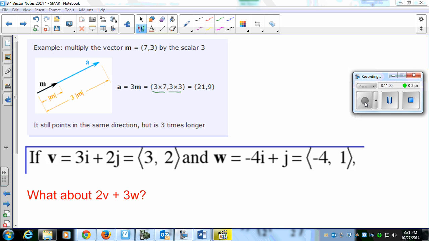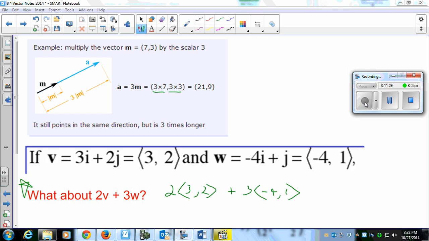So if we're asked to do something like 2v plus 3w, we can go ahead and do 2 times our v, which is 3, 2, and add that to 3 times our w vector, which is -4, 1.